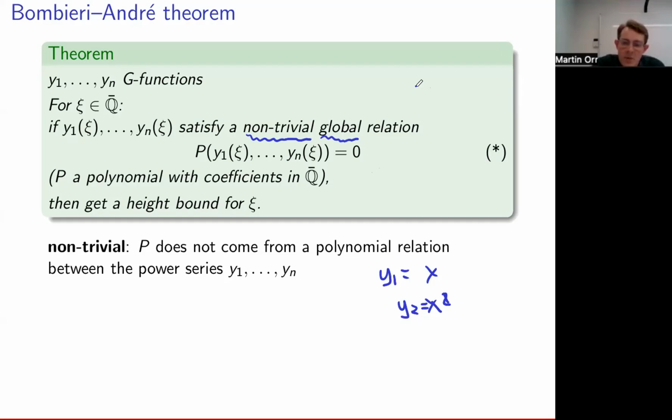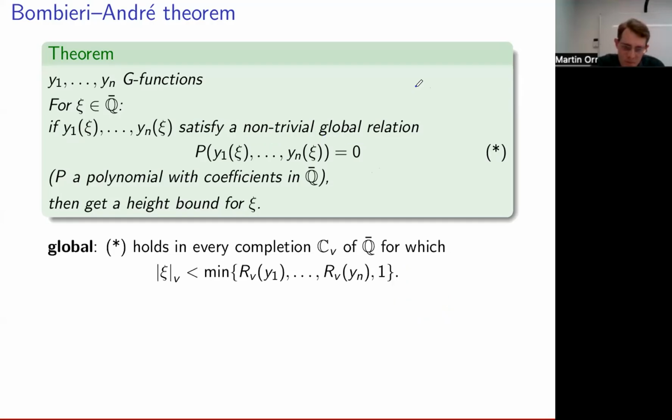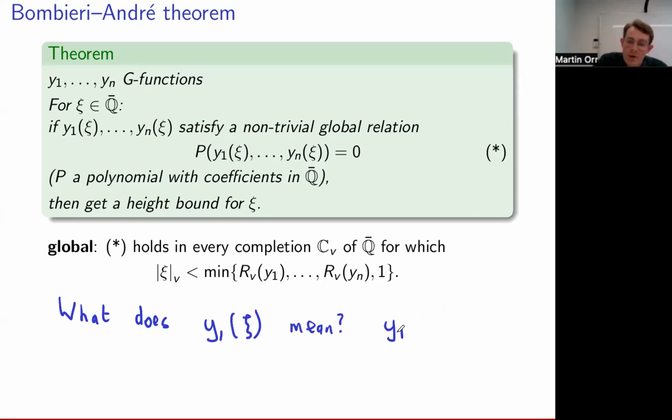And then what does global mean? So maybe before coming to the definition of global, we should just think for a moment about what it means when we write y1 of psi, where y1 is a power series with coefficients in Q bar, and psi is an algebraic number.